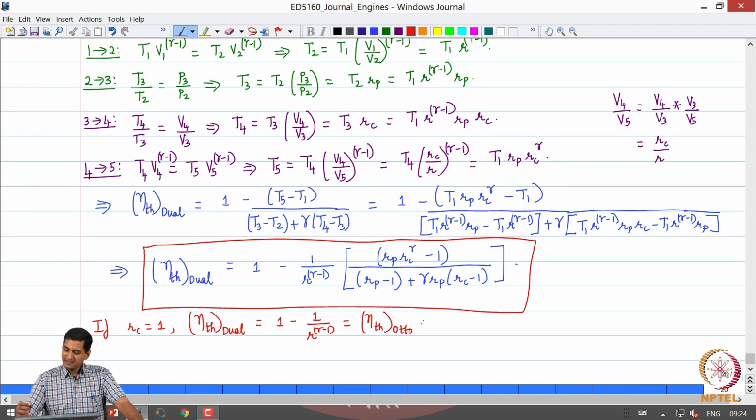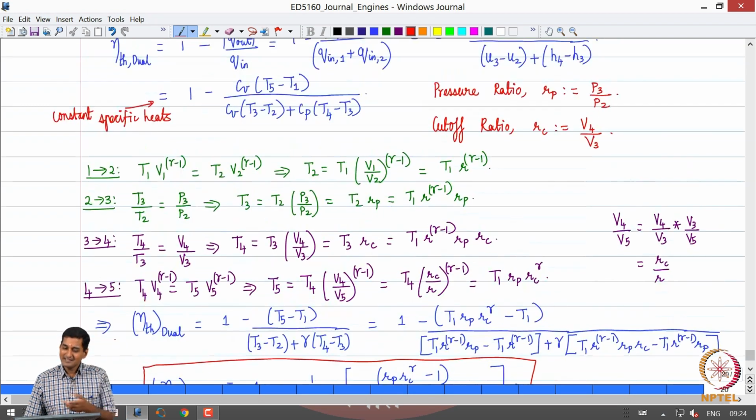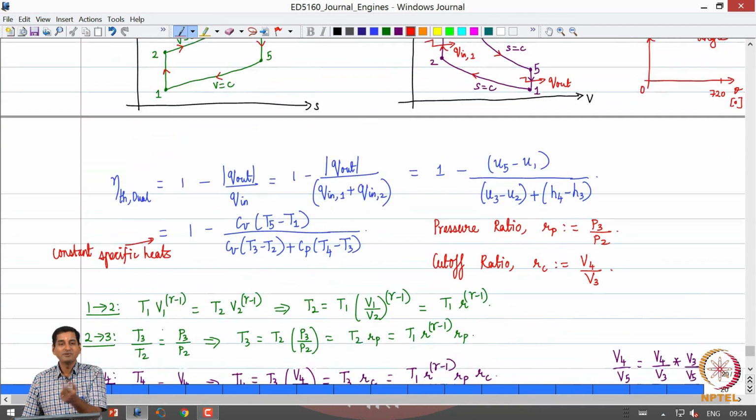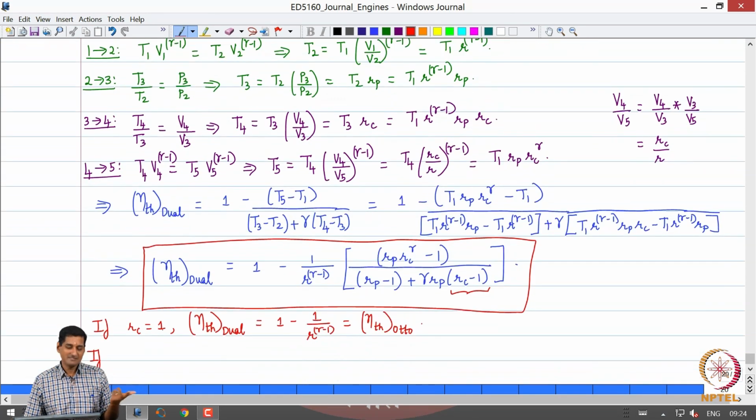If Rc is 1, the second term vanishes, and the denominator becomes Rp minus 1, so Rp minus 1 cancels. We get 1 minus 1 by R power gamma minus 1, the thermal efficiency of the air standard Otto cycle. If Rc is 1, it means there is no constant pressure heat addition, and the states 3 and 4 coincide.